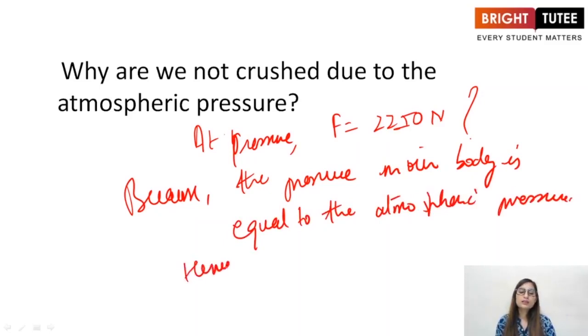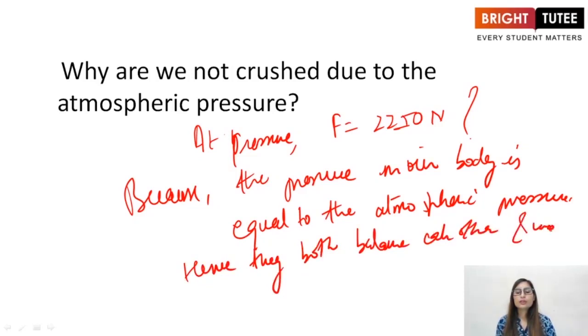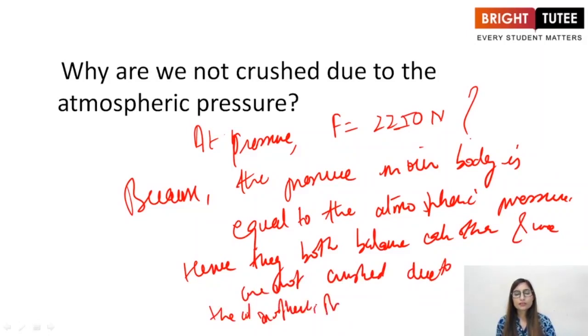Hence, they both balance each other and we are not crushed due to the atmospheric pressure, right? So because the pressure inside our bodies is equal to the atmospheric pressure, we are not crushed under it, right?